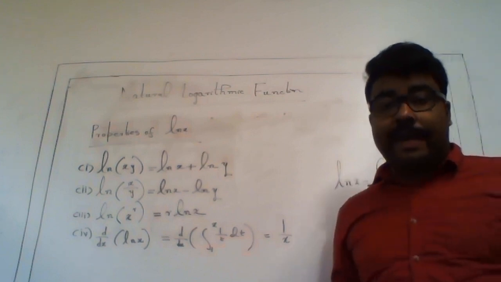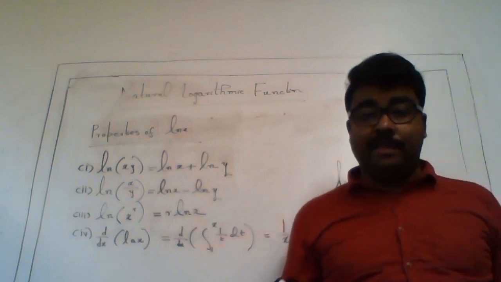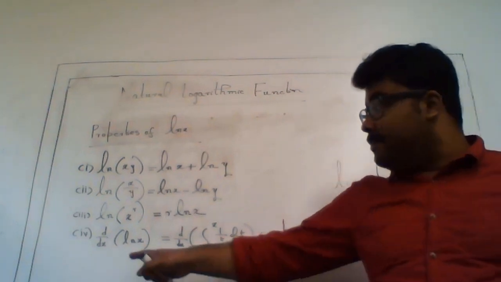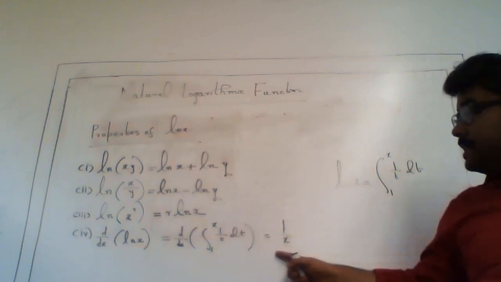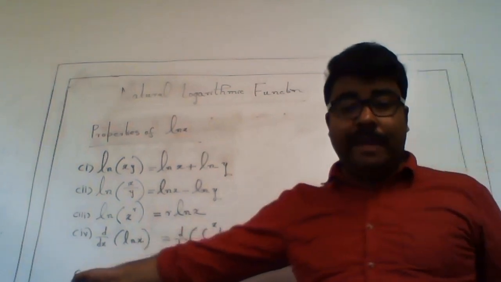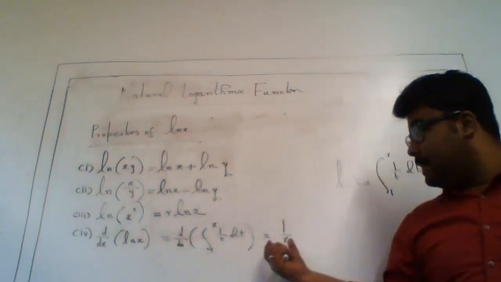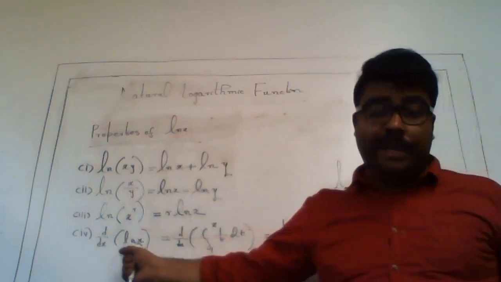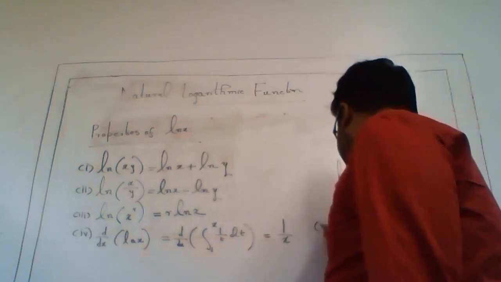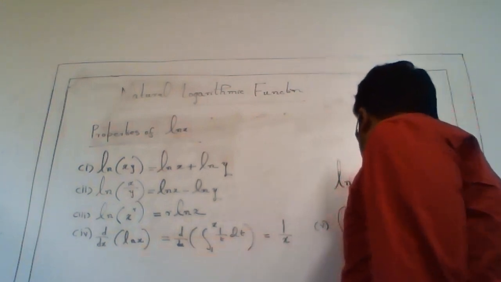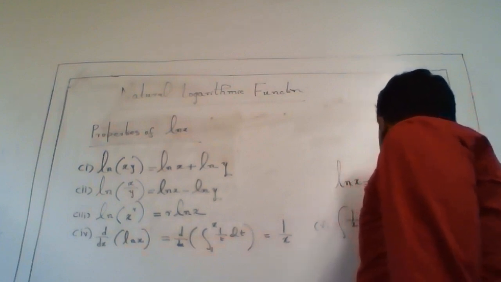Now, since differentiation and integration are reverse processes of each other, if I differentiate ln x and get 1 over x, then if I integrate 1 over x, I should get back ln x. So this is the next result: the integral of 1 over x dx is ln of the absolute value of x plus c.